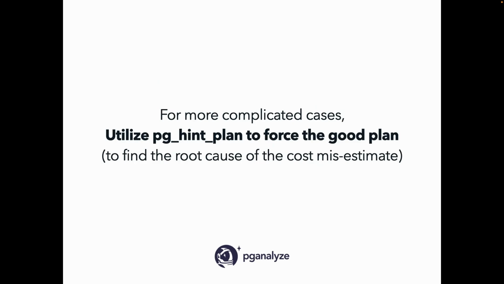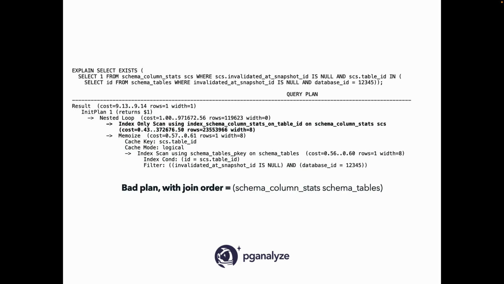The other thing, and there's a talk right after this in a different room on pg_hint_plan, so if you find this stuff interesting, go to the pg_hint_plan talk. You can use pg_hint_plan to force Postgres to make certain plan choices. Don't do this in production necessarily. pg_hint_plan is not a great extension in terms of how it's written, but it does work really well for debugging. Let's see if I have an example here.